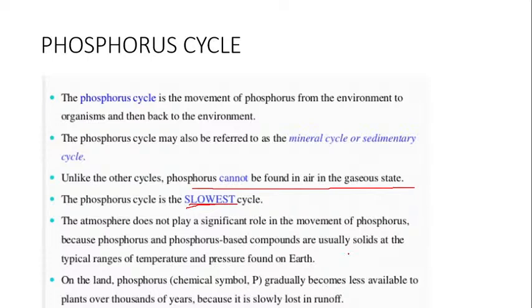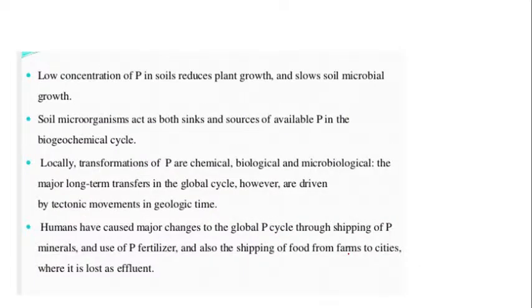Likewise, phosphorus is found or present in water, usually in water logged soil, swamp areas, then rivers, lakes, oceans, rocks and ocean sediments. So the reservoir of phosphorus is sedimentary rocks. They are found in water bodies such as rivers, oceans, in rocks and other sediments.